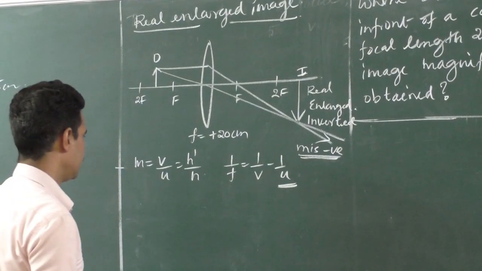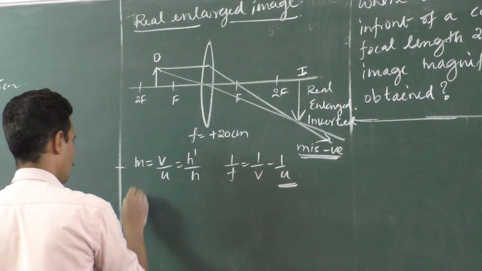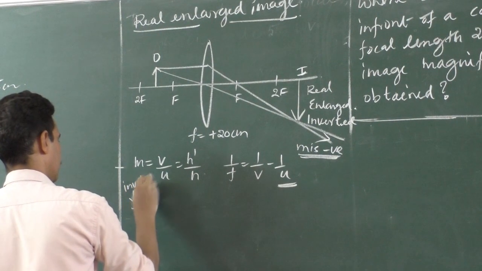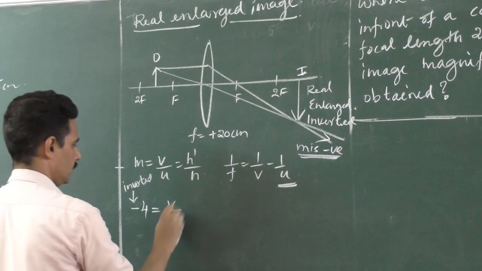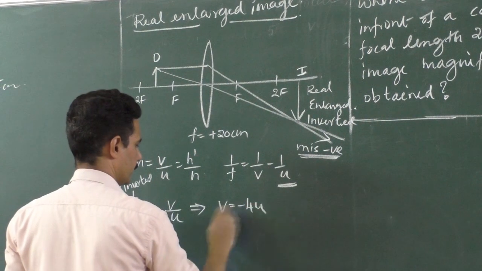Now m is v by u, h dash by h, right. Shall I use this formula? Minus 4, you know why it is minus? Inverted image. Minus 4 is equal to v by u. That implies v equal to minus 4u.